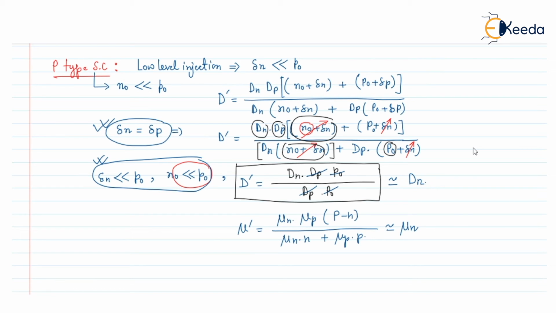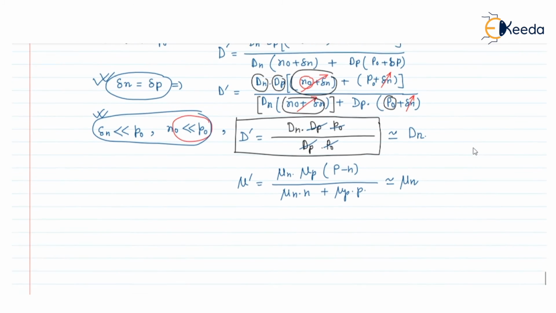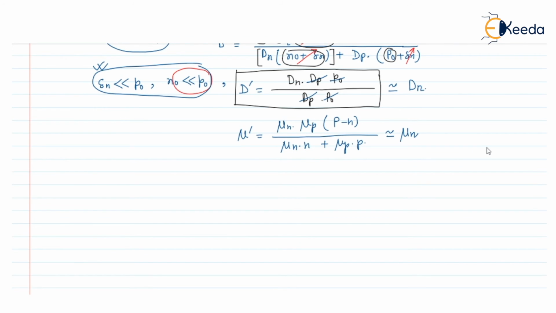So from this calculation, we can see that for a p-type semiconductor, under low level injection, the ambipolar diffusion coefficient D dash will be nearly equal to the diffusion coefficient of the electrons, and the effective mobility value for the ambipolar transport will be equal to the mobility value of the electrons.